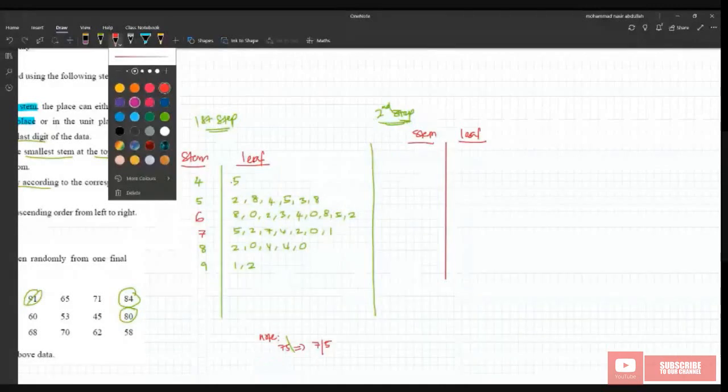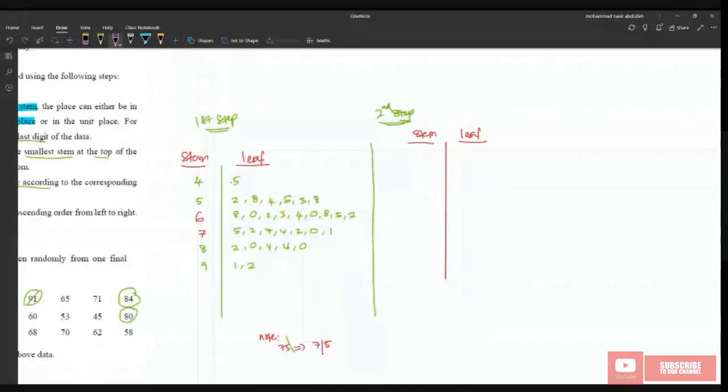So for 4, we have only 5. For 5, the smallest value is 2, 3, 4, 5, 8, and 8. For 6, we have 0, 0, 2, 2, 3, 4, 5, and 8, 8.